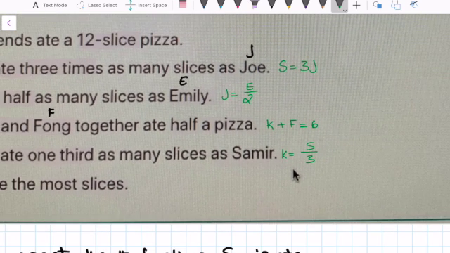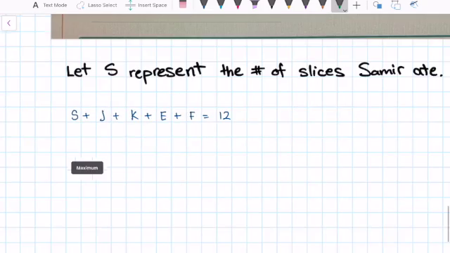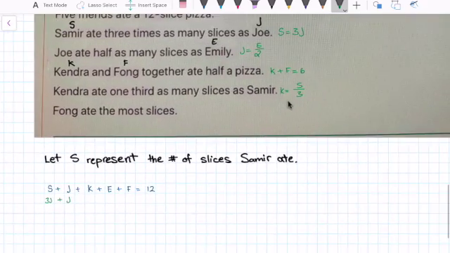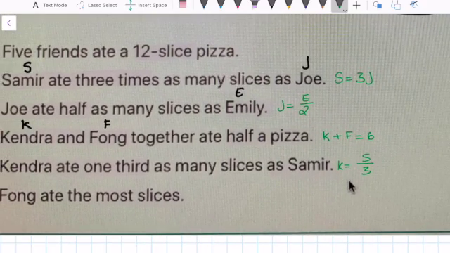As we could see, J shows up the most. So what we could do is substitute everything in for J. So where we see S, we could actually have that equal to 3J. And then J is equal to J over here, which is fine. And then the next part is with Emily.